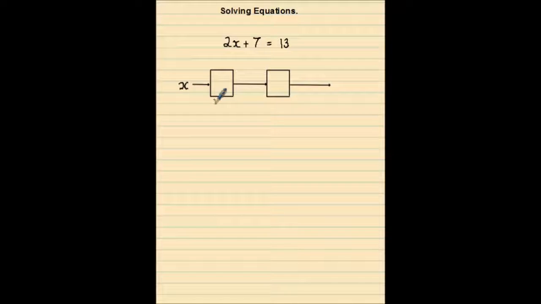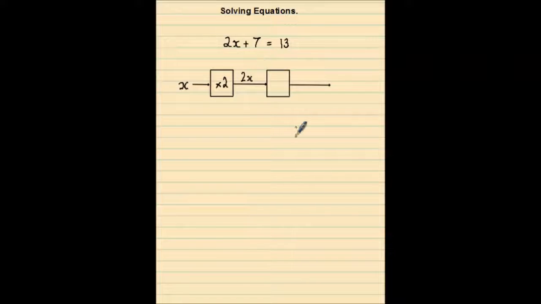Now look at our equation. What's the first thing that we do with the x? We multiply by 2. So x goes in, is multiplied by 2, hence 2x comes out. Now what do we do with our 2x?